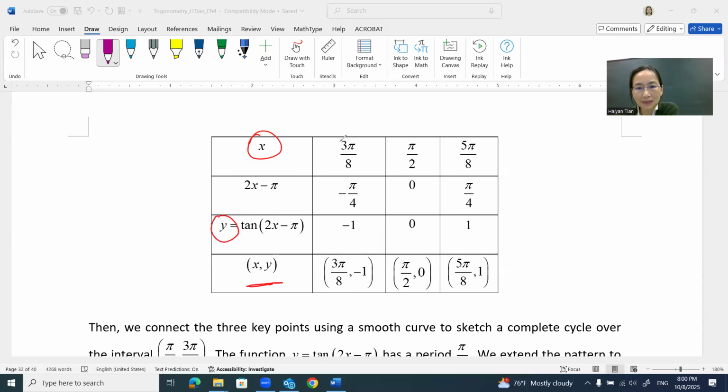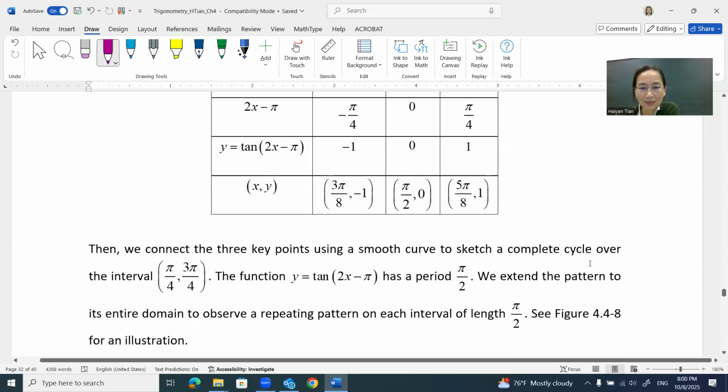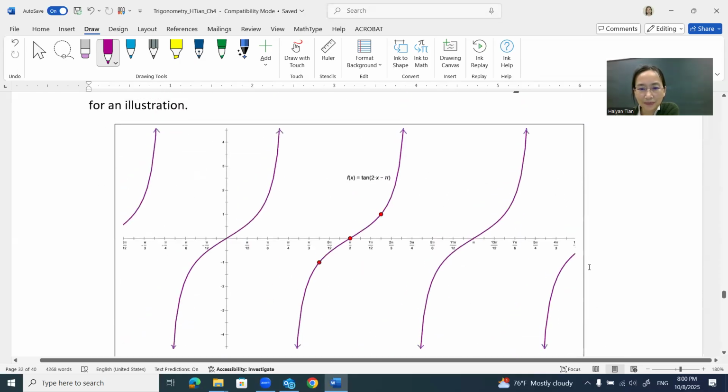So we can get the precise coordinates, the x and y coordinates. Then we can get a total of 3 ordered pairs. Then we can show the 3 key points and you get 1 period using the 3 key points.